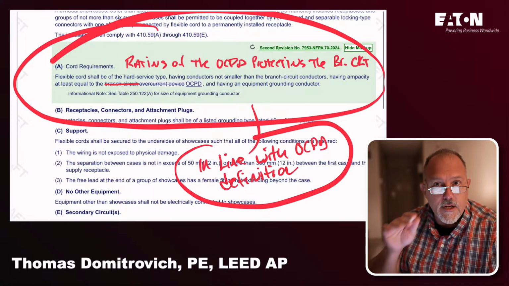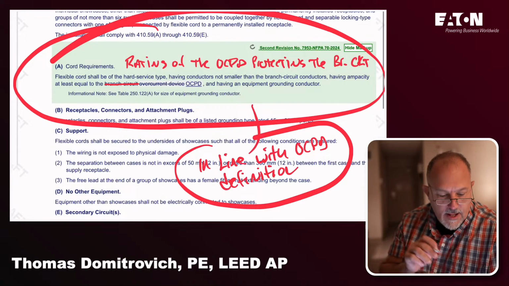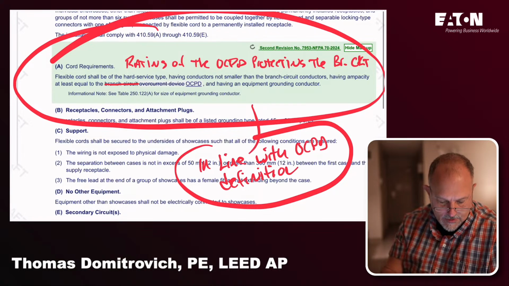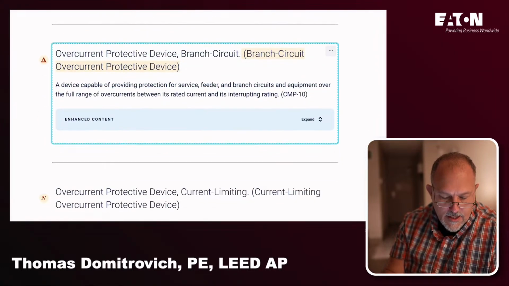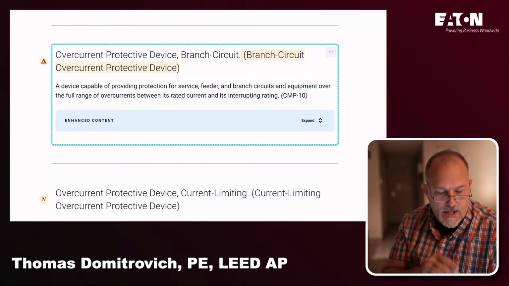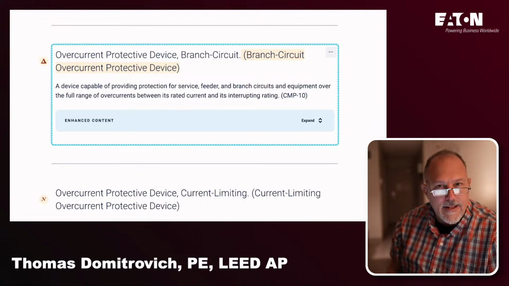So we're talking branch circuit, having an ampacity at least equal to the branch circuit overcurrent protective device, the branch circuit overcurrent device. That was supposed to line up with branch circuit overcurrent protective device. This is a defined term, which is a device capable of providing protection for service, feeder, and branch circuits and equipment over the full range of overcurrents between its rated current and its interrupting rating.